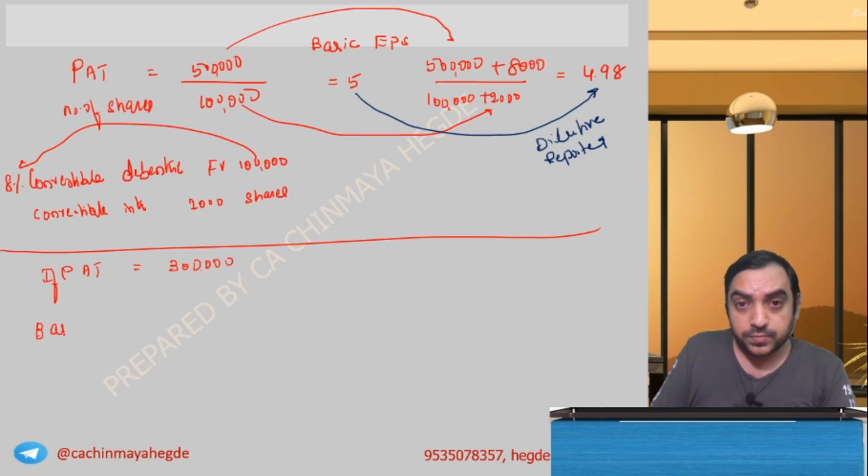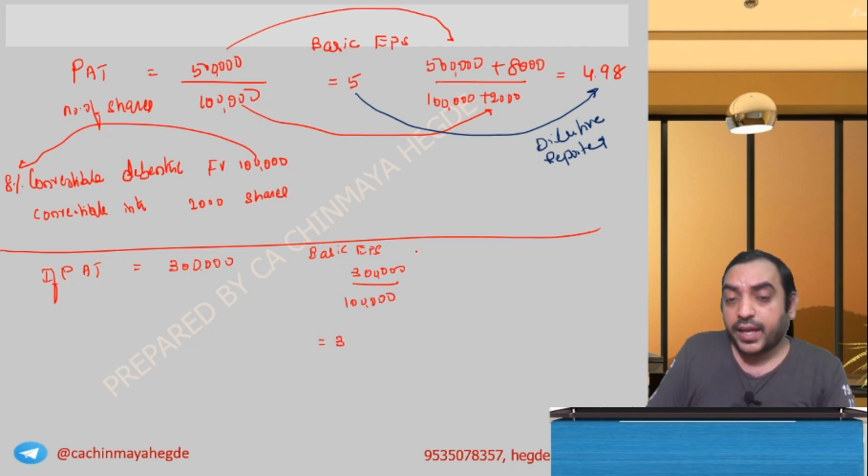Basic EPS is 3 lakh divided by 1 lakh, which is 3 rupees, and the incremental amount is the same, same 8,000, same 2,000: 3 lakh plus 8,000 divided by 1 lakh plus 2,000.